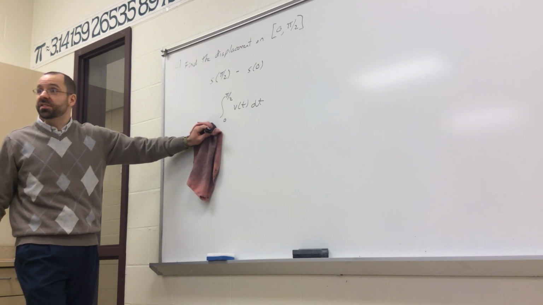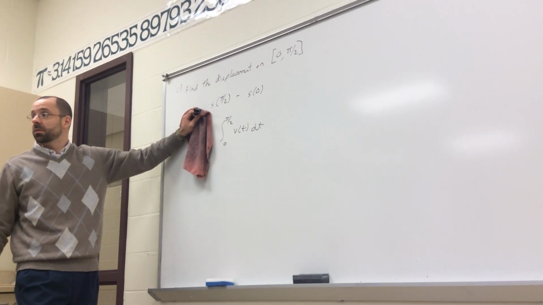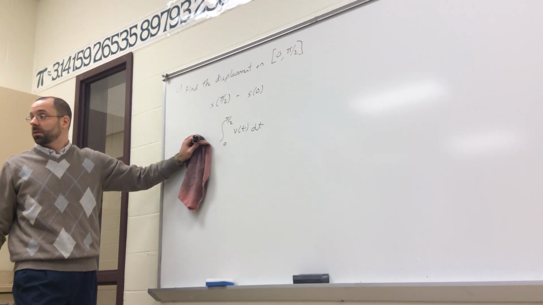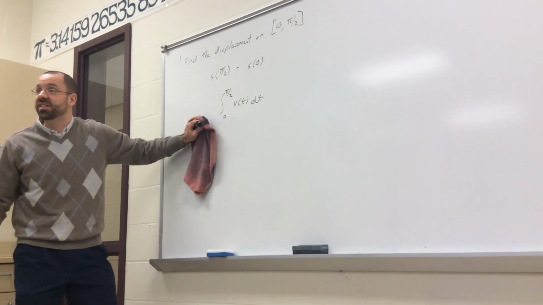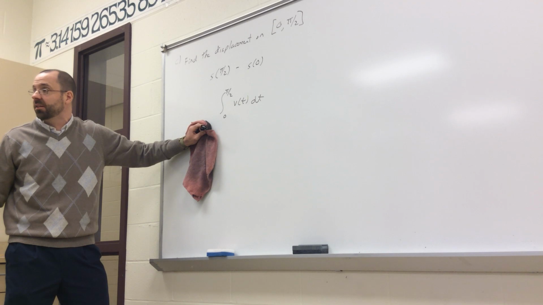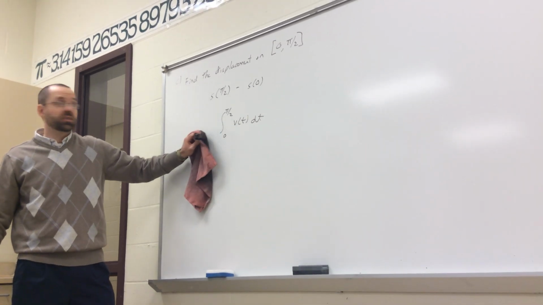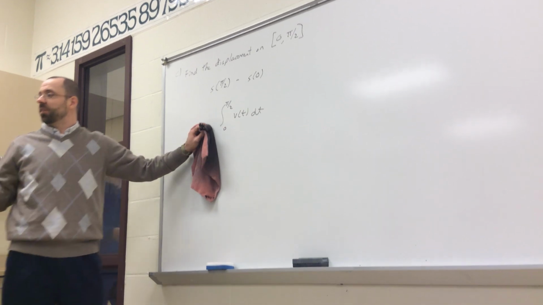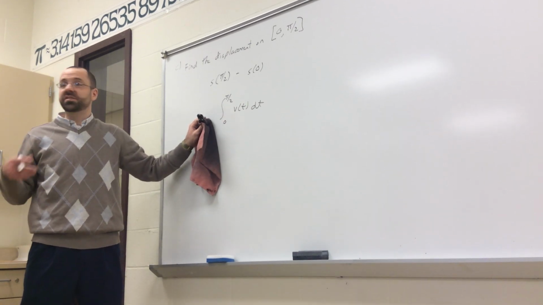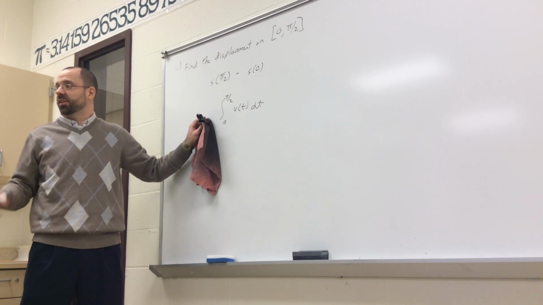So this is equal to this, right? The fundamental theorem of calculus says to calculate this, you find S and then subtract two things, right? So these are equal to each other. So this is the displacement. Another way to think about displacement is it's the integral of the velocity, the area underneath the velocity.